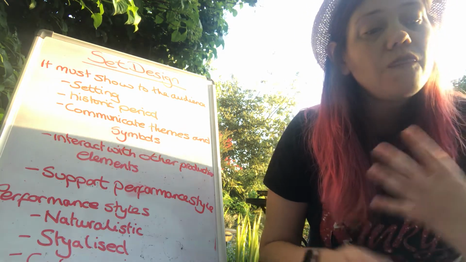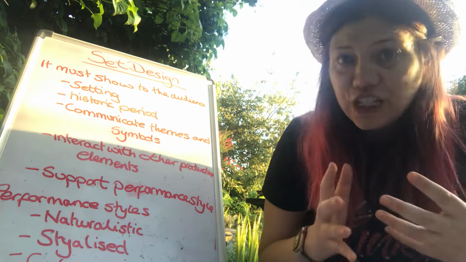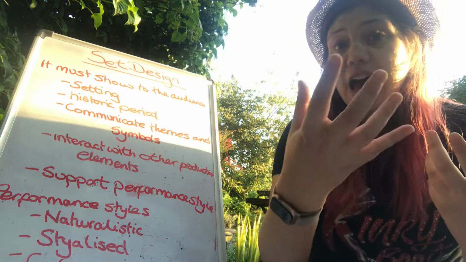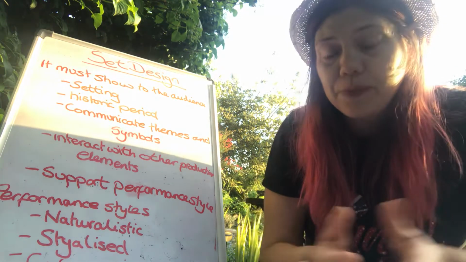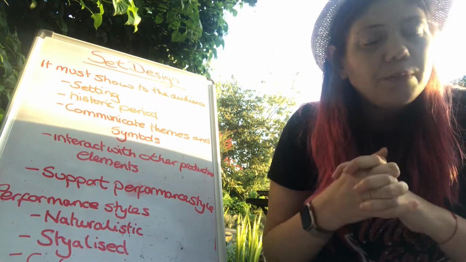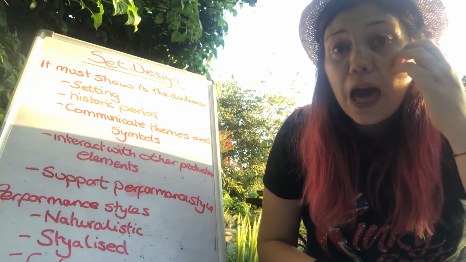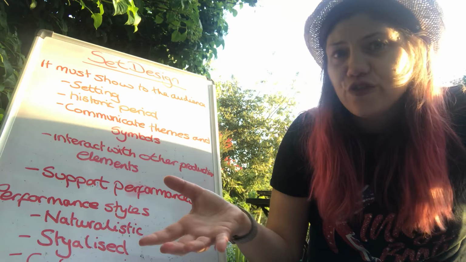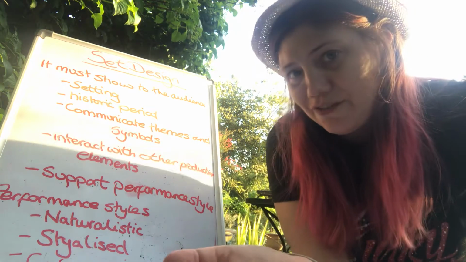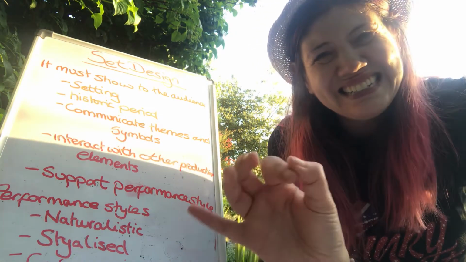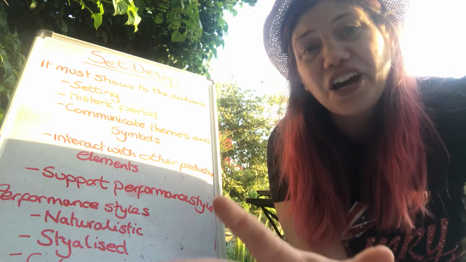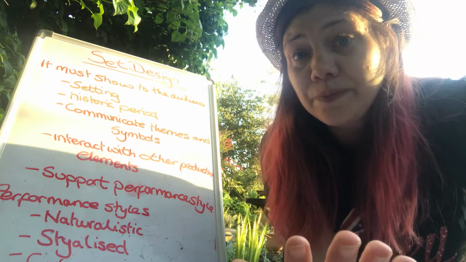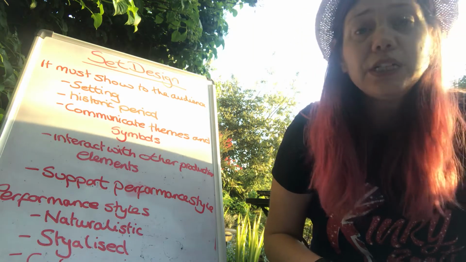So there'll be lots of discussions between the set designer, the director, and the people that are going to make it. The director may have a really crazy idea and be like, oh, I want this big bear on the stage, and actually, health and safety, practicalities, it's not really going to be appropriate to have the bear just freely wandering around.